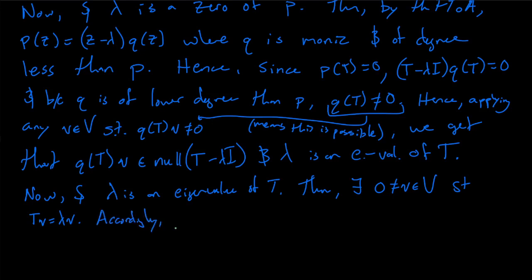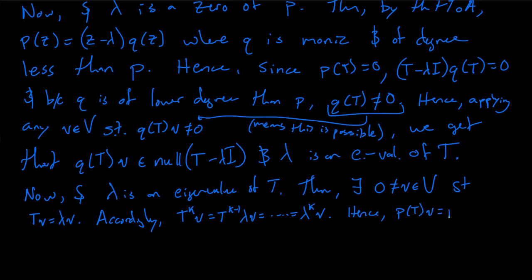Accordingly, T to the k of v, well, that's just T applied a bunch of times to v. Well, this is T to the k minus 1 of lambda v, which is equal to dot, dot, dot, all the way down to lambda to the k of v. Oh, okay.